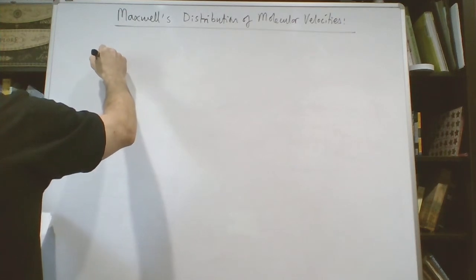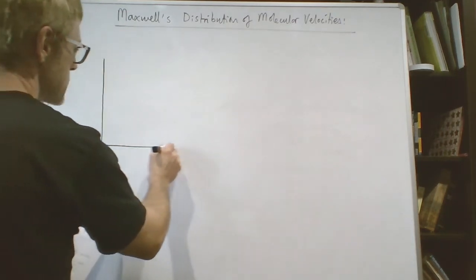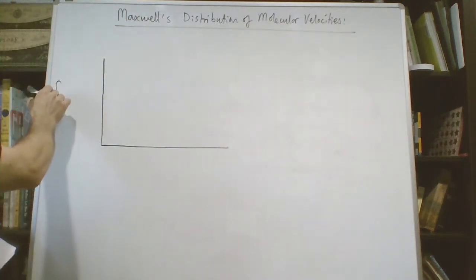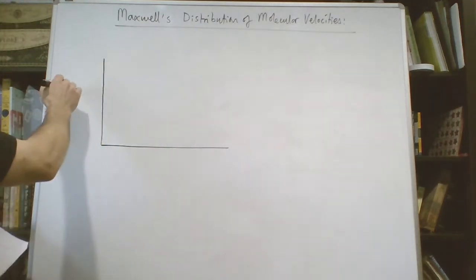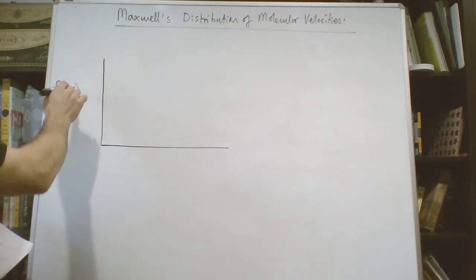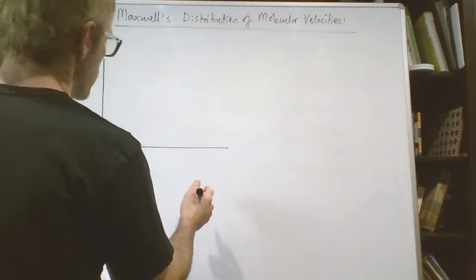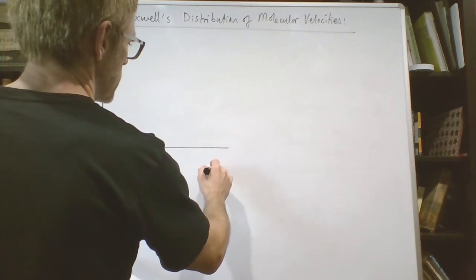So essentially, I'll draw the graph and then we'll look at the equation and then we'll tease out the key features of the equation. So if you have a function of molecular velocities, so it's a function of velocity, and we can have population down here.